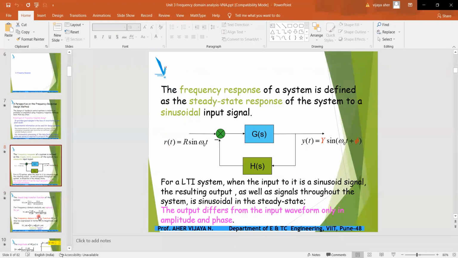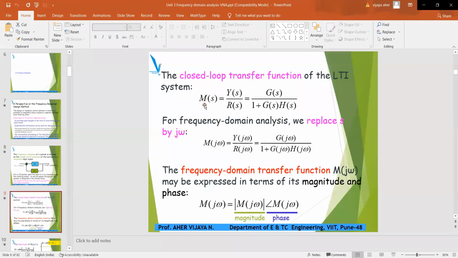We denote it by capital M of s. The closed loop transfer function for LTI system is M of s equal to Y of s divided by R of s is equal to G of s divided by 1 plus G of s into H of s. This is the equation for transfer function for closed loop control system.